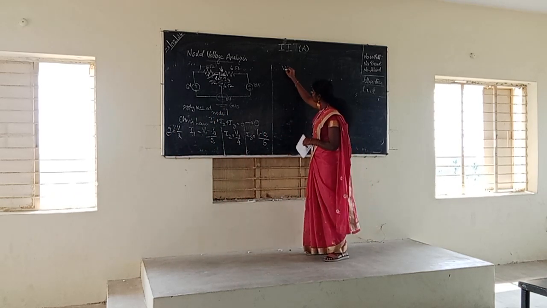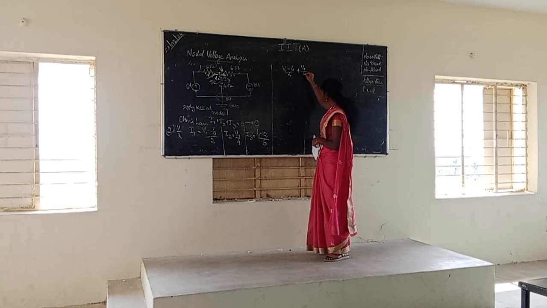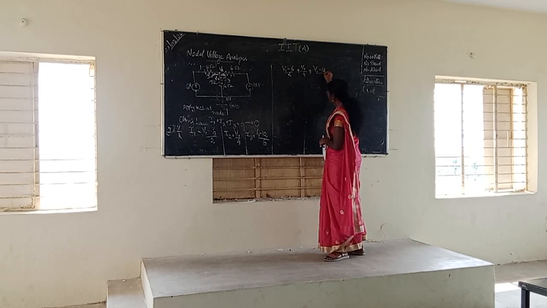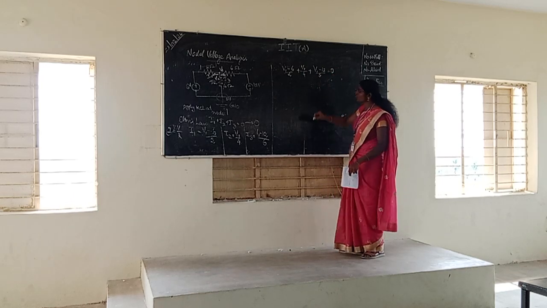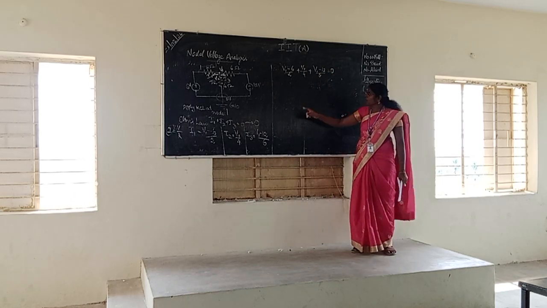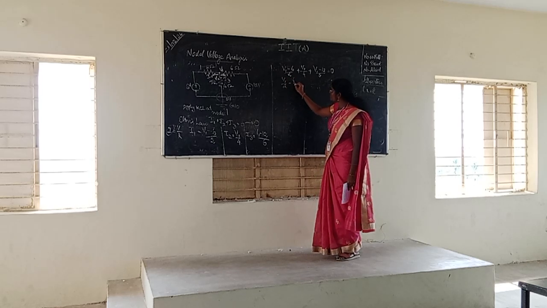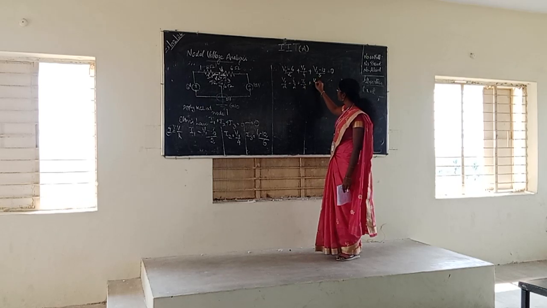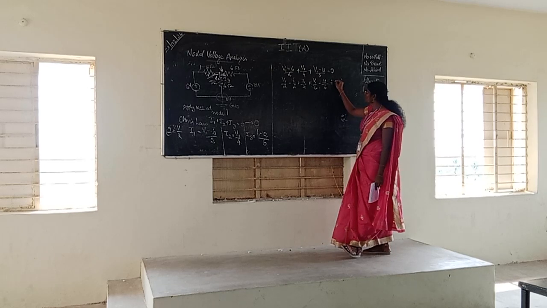So it becomes V1 minus 6 by 2 plus V1 by 4 plus V1 minus 12 by 6 is equal to 0. Now shall I separate it like V1 by 2 minus 6 by 2 plus V1 by 4 plus V1 by 6 minus 12 by 6 equal to 0.